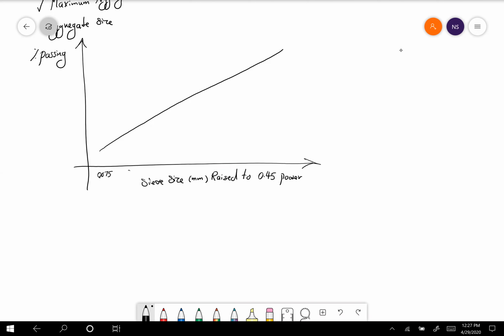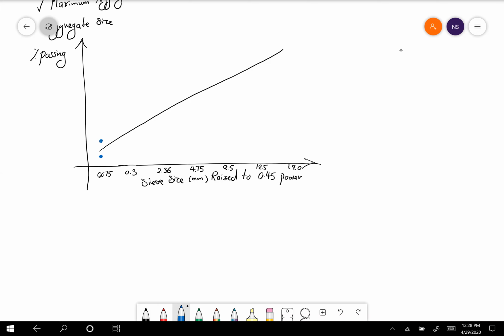Then we have 0.3. Then we have 2.36. We have 4.75. We have 9.5, 12.5, and 19. So that's our typical sieve size numbers.